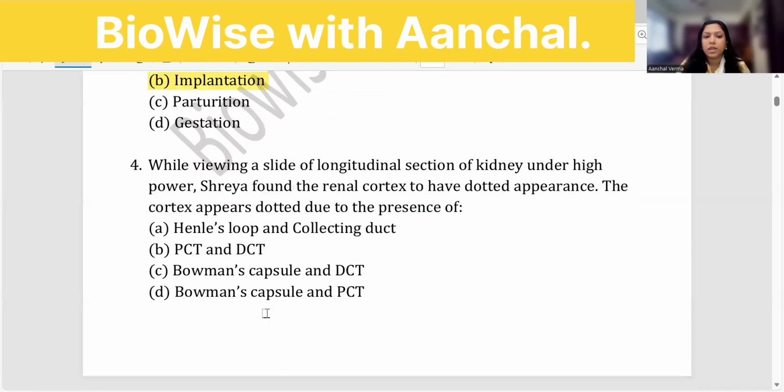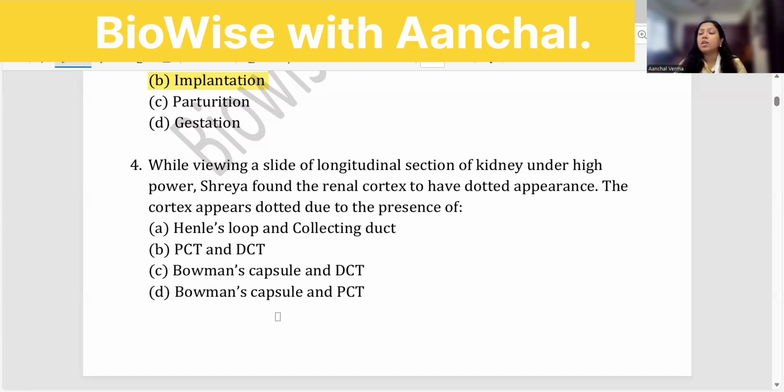Moving to the next. While viewing the slide of a longitudinal section of the kidney under high power, Shreya found the renal cortex to have a dotted appearance. The cortex appeared dotted due to the presence of. Now you have to know which things are present in the nephrons. Bowman's capsule, PCT, DCT are present in the renal cortex.